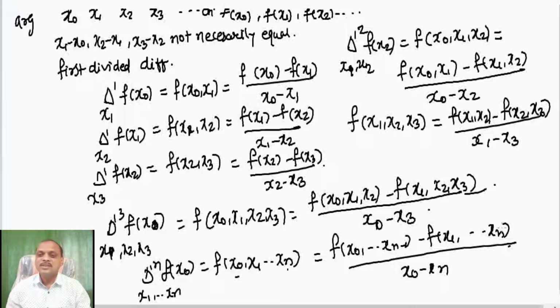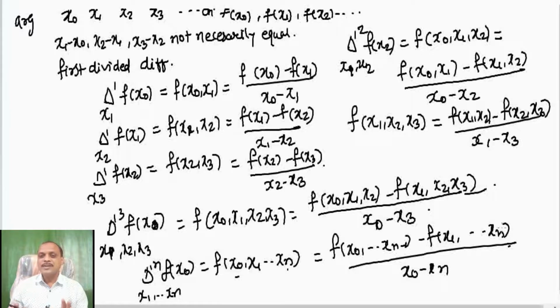So the first divided difference between two points, say x0 and x1, is f of x0 minus f of x1 divided by x0 minus x1, whichever points we have taken.